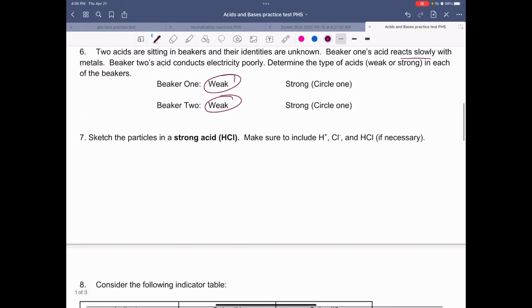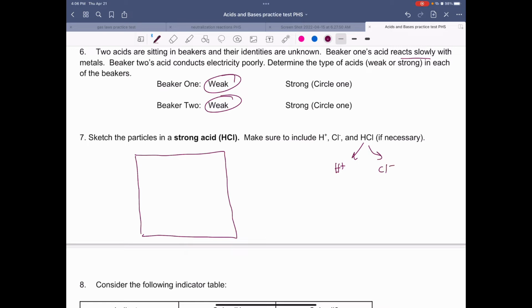Sketch the particles in a strong acid. Okay. So here's our beaker, a side view. A strong acid means that the HCl's, almost all of them, almost 100% dissociate into H pluses and Cl minuses. So I'm going to put a bunch of H pluses in here, like this. And I'm going to put a bunch of Cl minuses in here too.